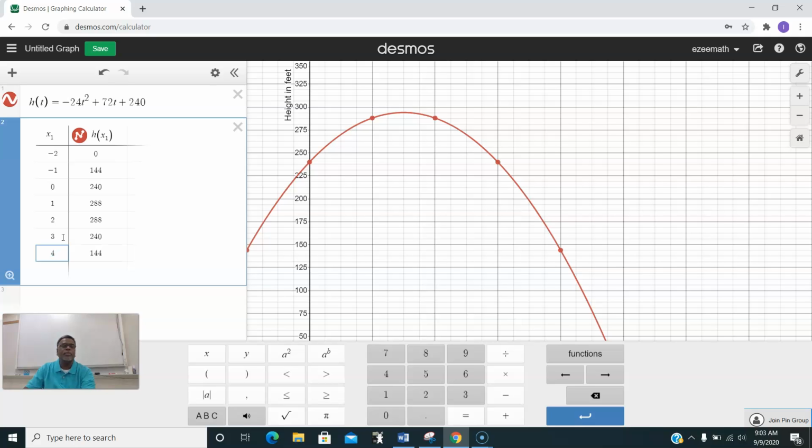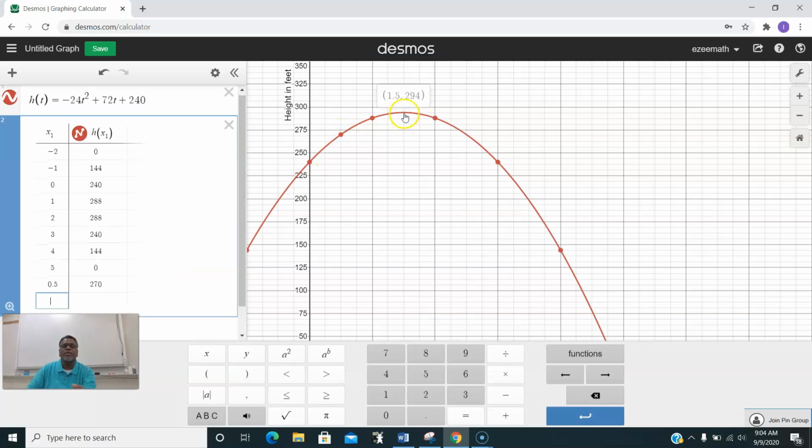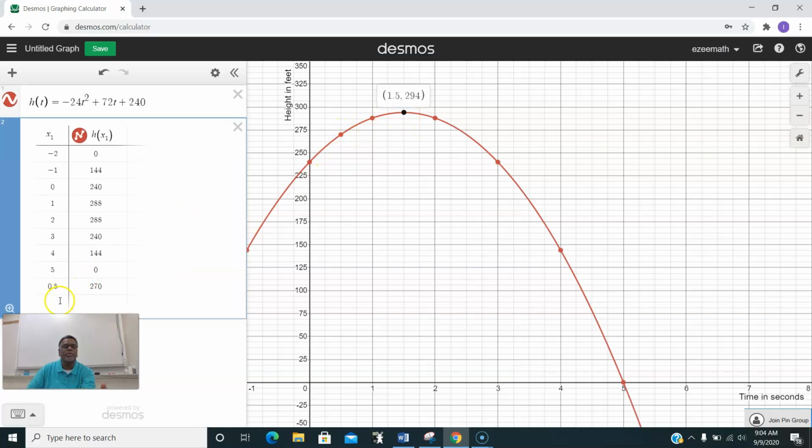At 4 seconds you got 144. At 5 only it became 0, so I don't have to go further. And like I said, in half a second, what was the height? I'll just type in 0.5. 270. And the maximum height, you saw that it is at 1.5. Type in 1.5 here, you'll get 294.